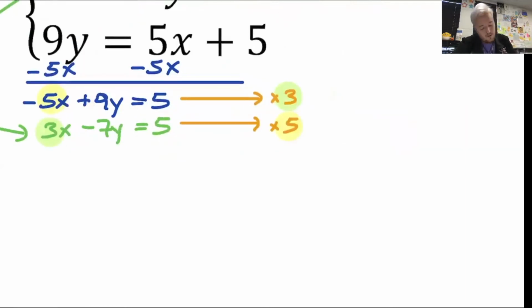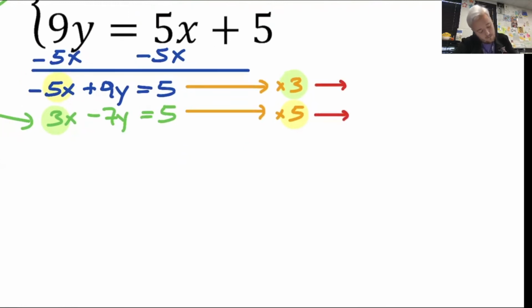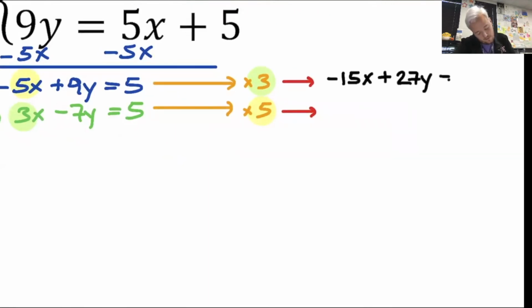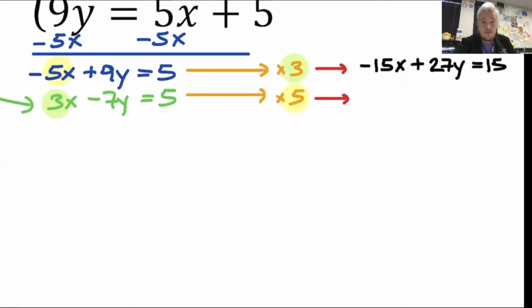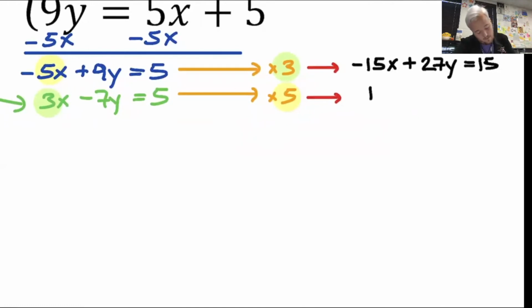So when I multiply, your top equation is now going to be negative 15x plus 27y equals 15. And then my bottom equation, I'm multiplying by 5, which means I'm going to have 15x minus 35y.